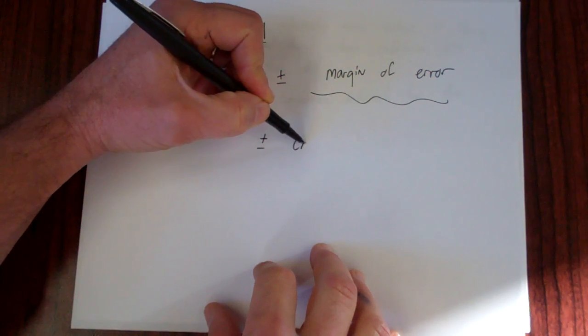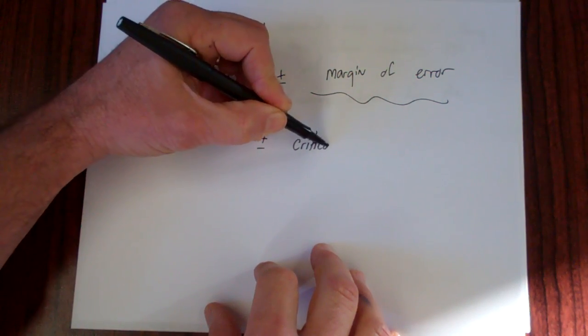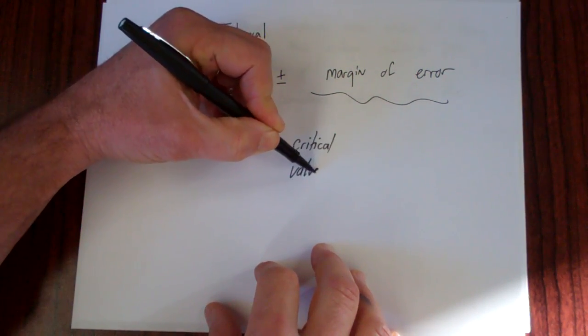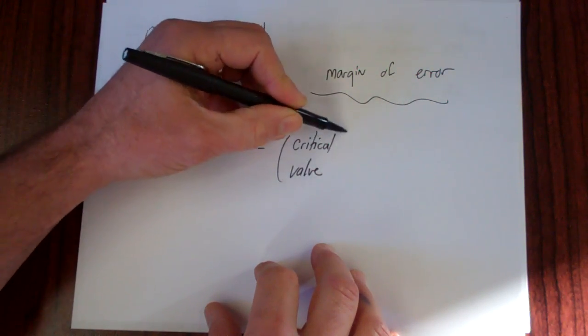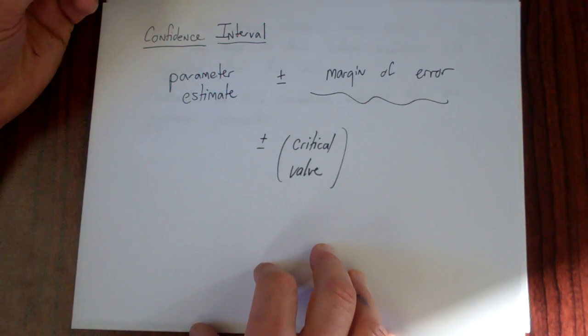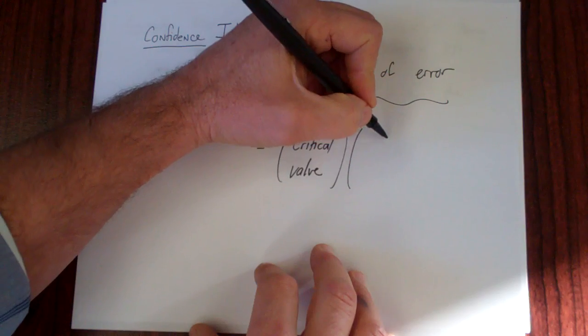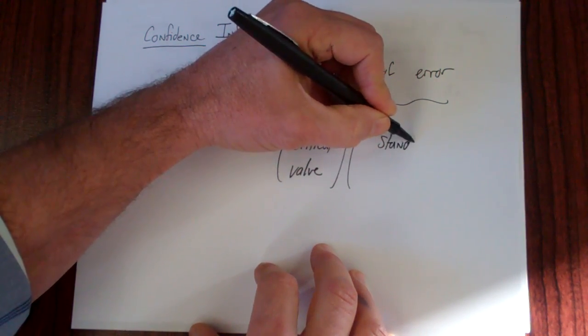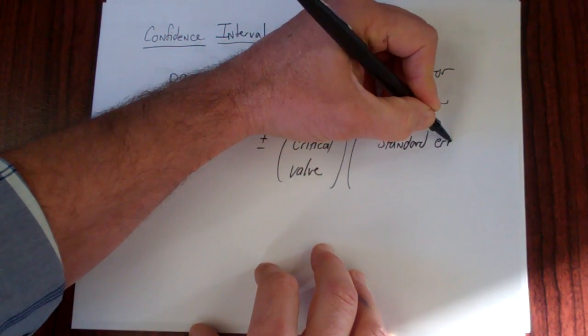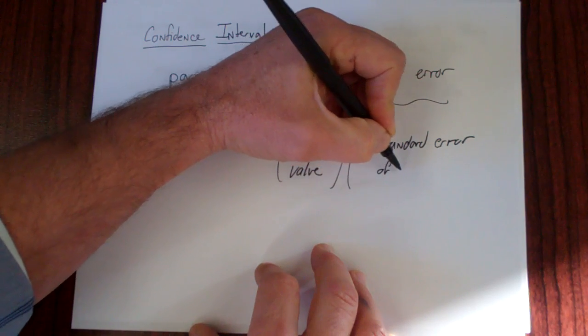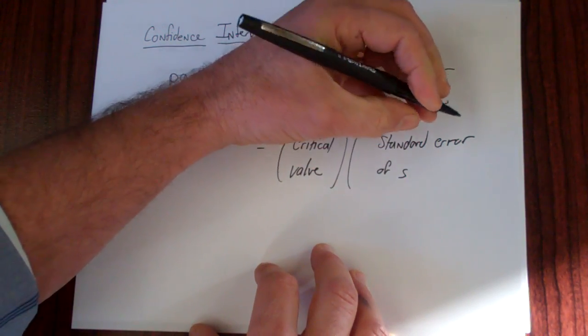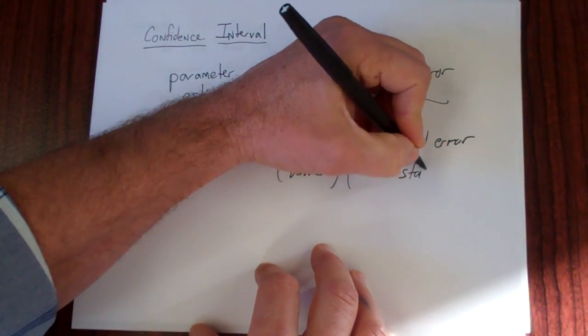Now, calculating the margin of error has two elements to it. It has a critical value that depends on the distribution and also the degree of confidence, and then it has the standard error of the statistic. Remember, the standard error of a statistic is simply the estimated standard deviation of the statistic.